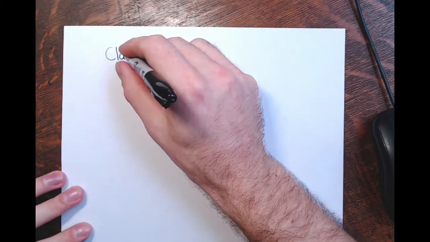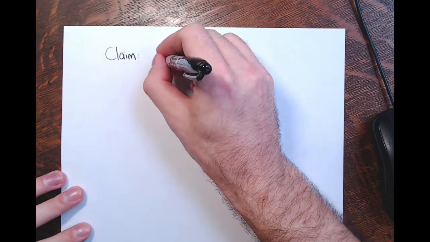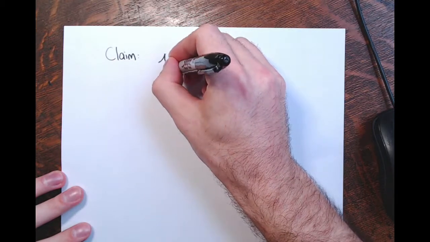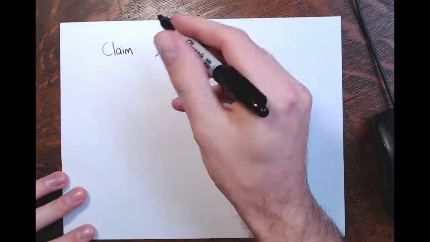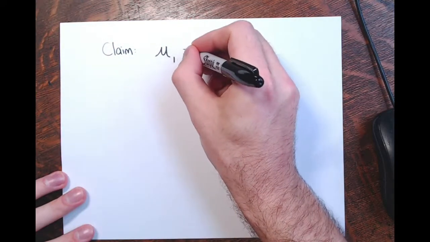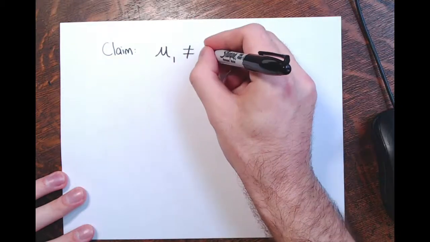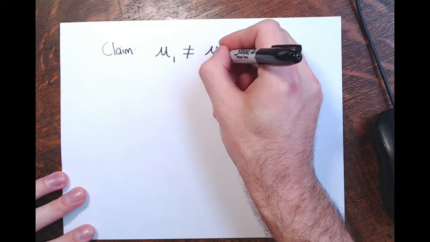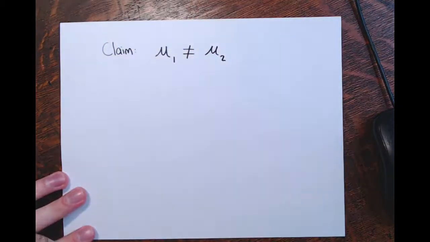So what he's testing, what his belief is, is that mu1, the mean concentration of the pesticide in the east pond, is different, not equal, to the mean concentration of the pesticide in the west pond.